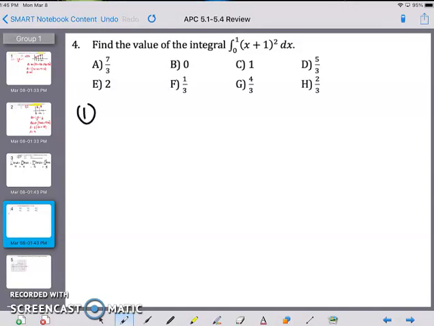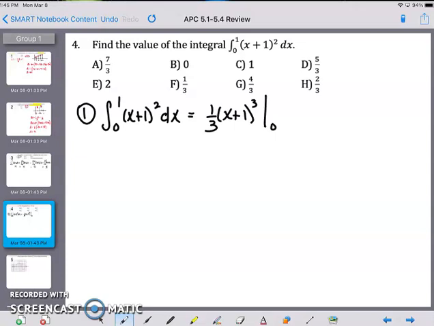So the first way that I would do this is the integral from 0 to 1 of (x plus 1) squared dx, which is going to be equal to (x plus 1) to the third power, but then I have to divide by 3, or multiply by the reciprocal of the exponent, so 1/3 times (x plus 1) cubed, evaluated from 0 to 1.